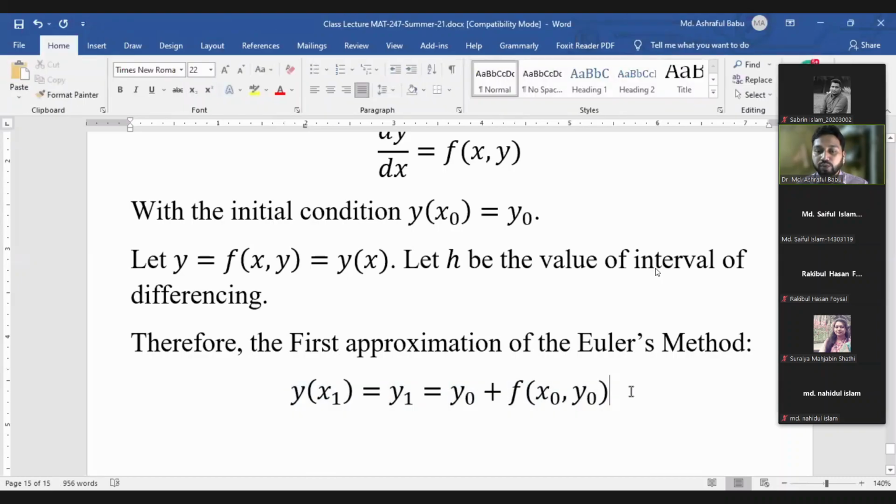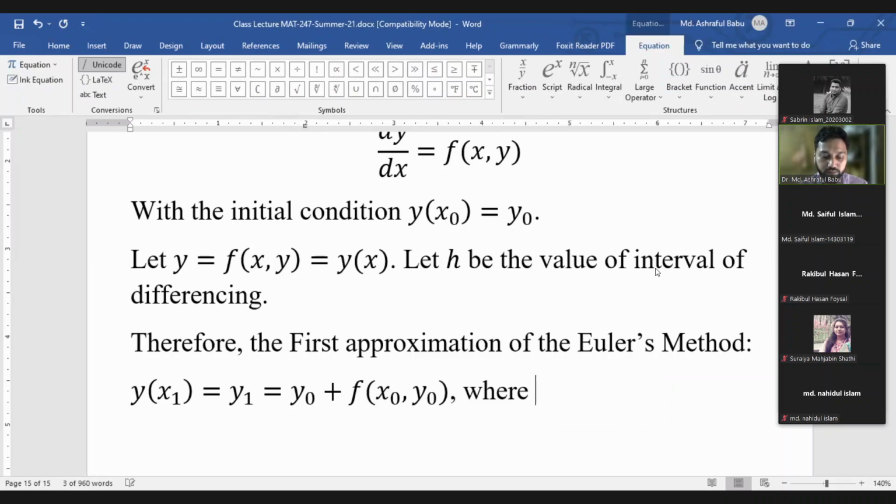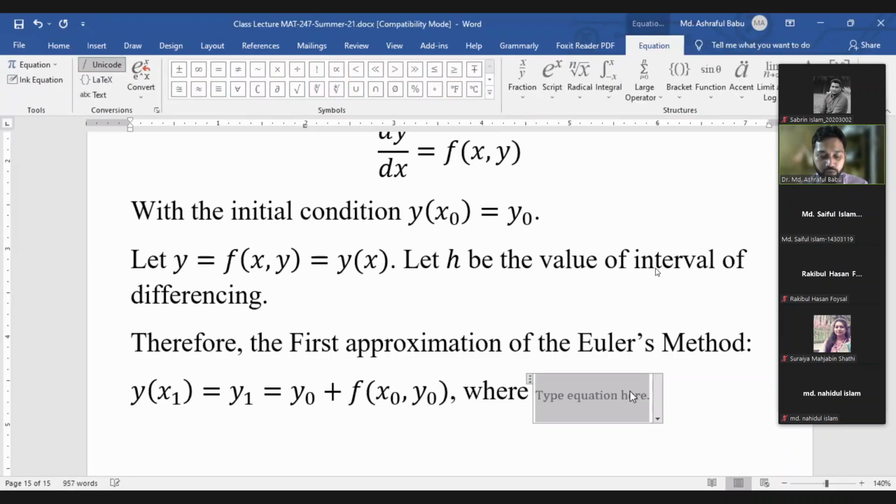As a side note, how do we find x1 here? How can we find x1 from x0? So x1 equals x0 plus h.